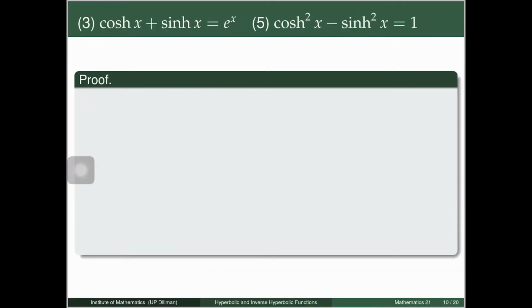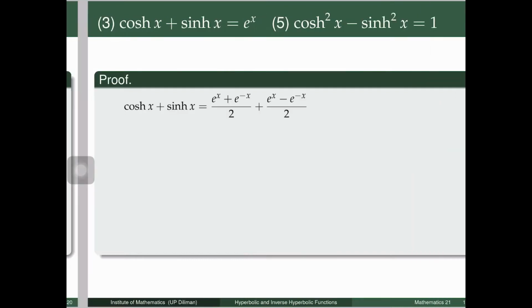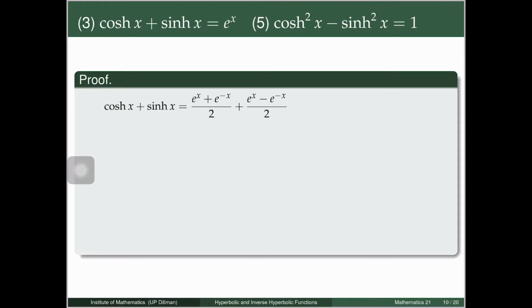So let's try to prove some of the identities, in particular yung 3 and 5. So cosh x plus sinh x. So sabi ko nga nako-follow lang to immediately from the definition. So recall, pag may time. Simplifying terms, you get this, which is equal to e to the x.